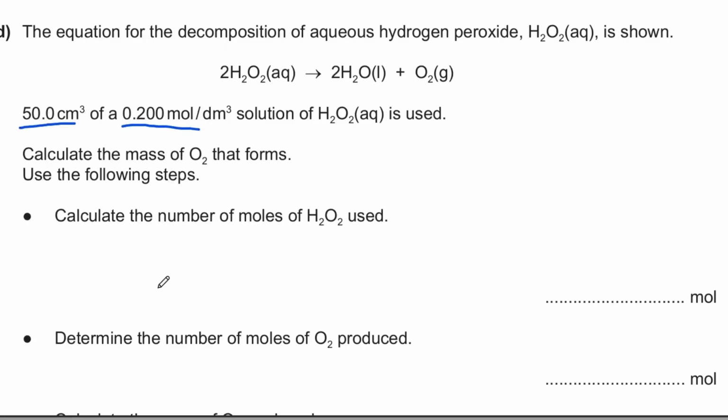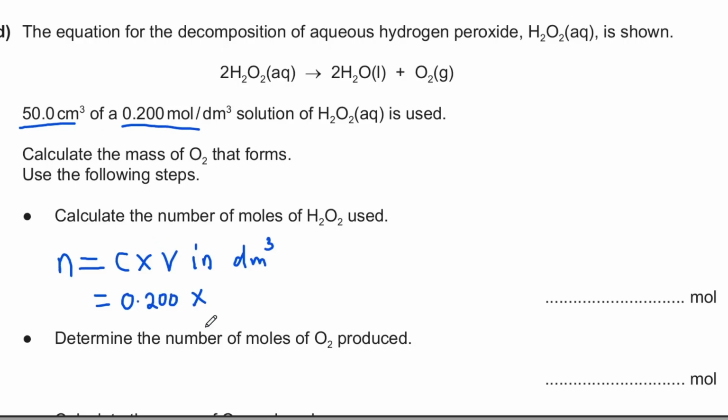So now, which formula will you use to calculate the number of moles of hydrogen peroxide used? The number of moles, n, is equal to concentration C times volume V in dm cube. Volume in dm cube.